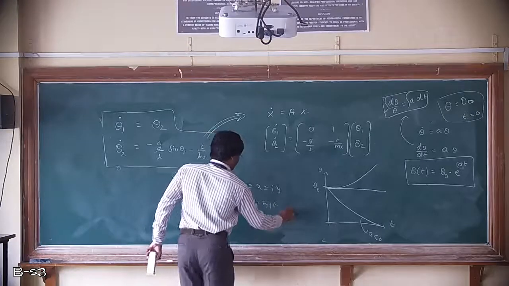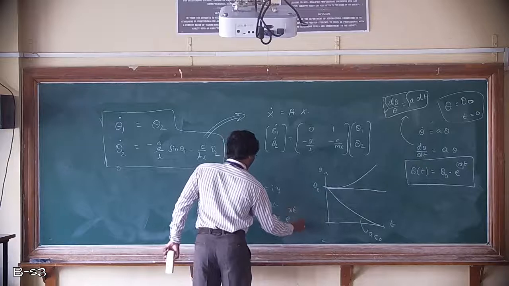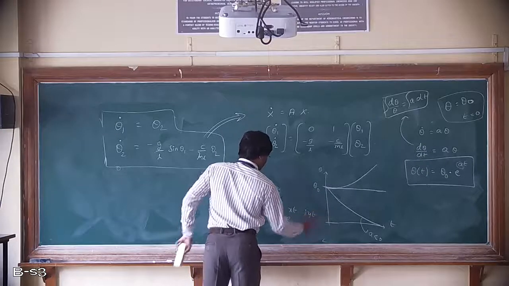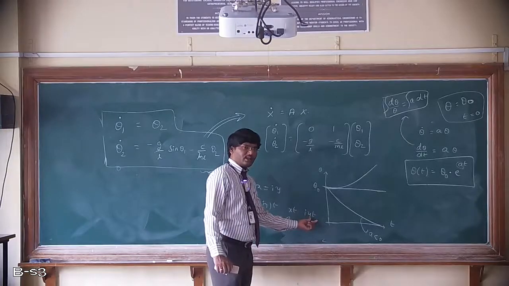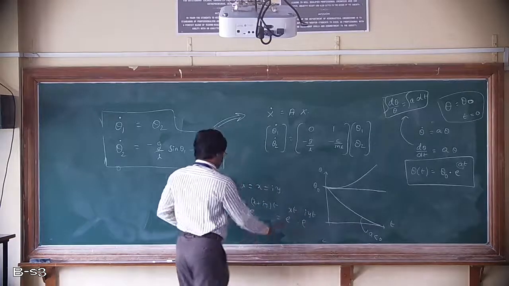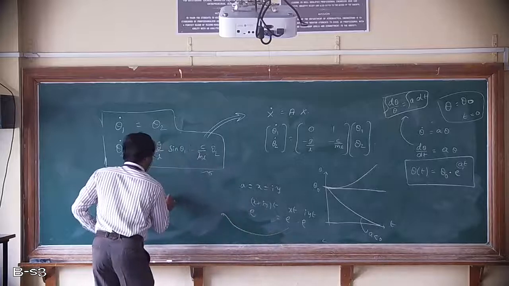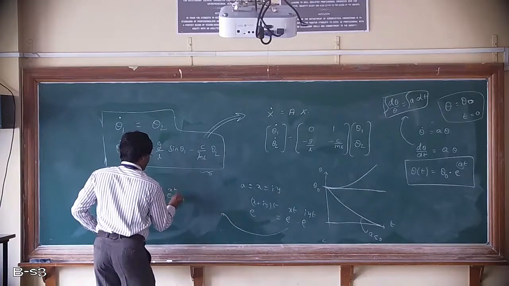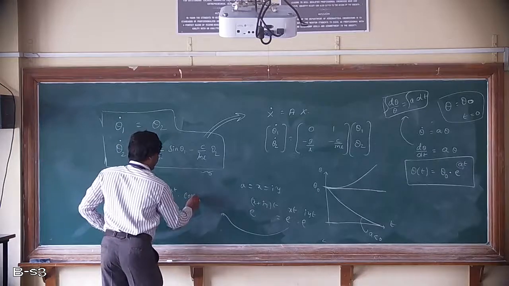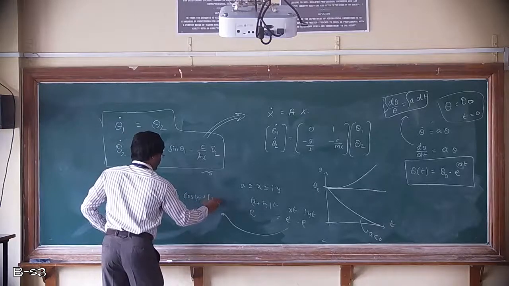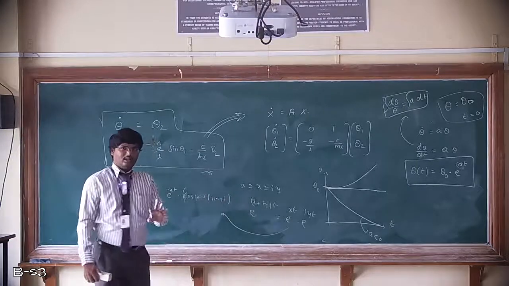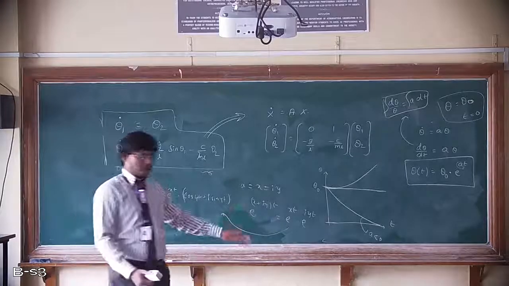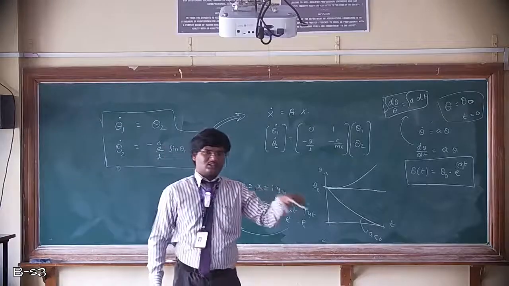You can write this as e power xt into e power iyt, which is e power xt into cos yt plus i sin yt. Here you are getting oscillations, right? These are constant oscillations, cos or sin.